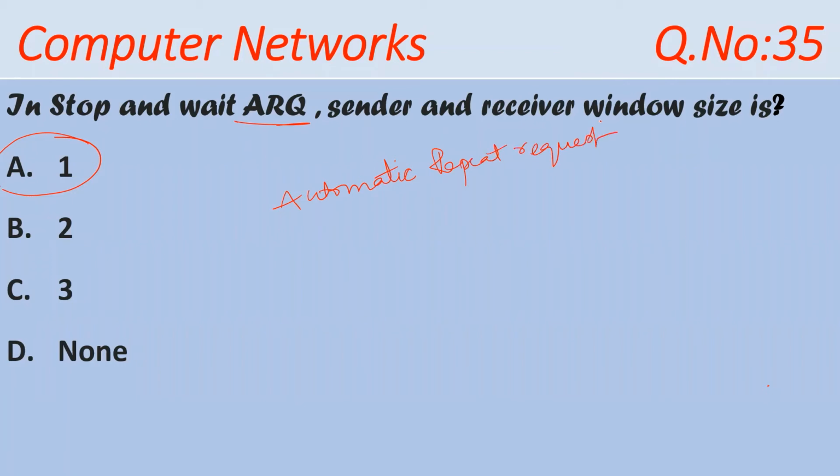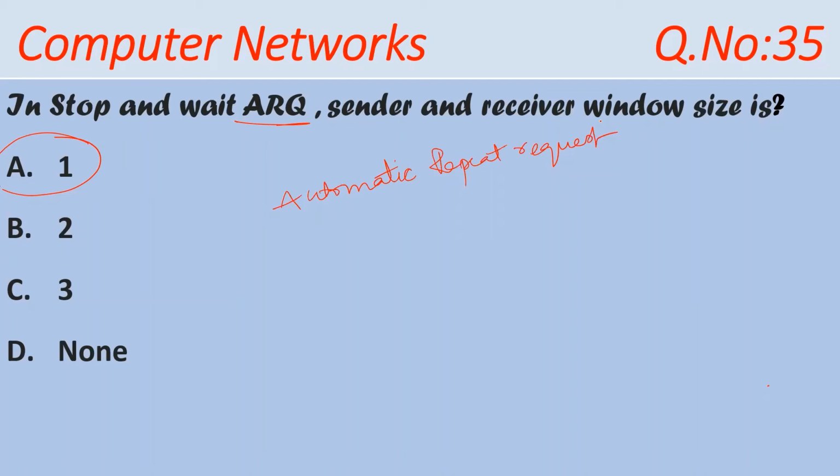What is meant by automatic repeat request? It's an error control mechanism for data transmission, wherein acknowledgements, positive or negative, and timeouts are used to achieve reliable data transmission over an unreliable communication link. Stop and wait is such a protocol.